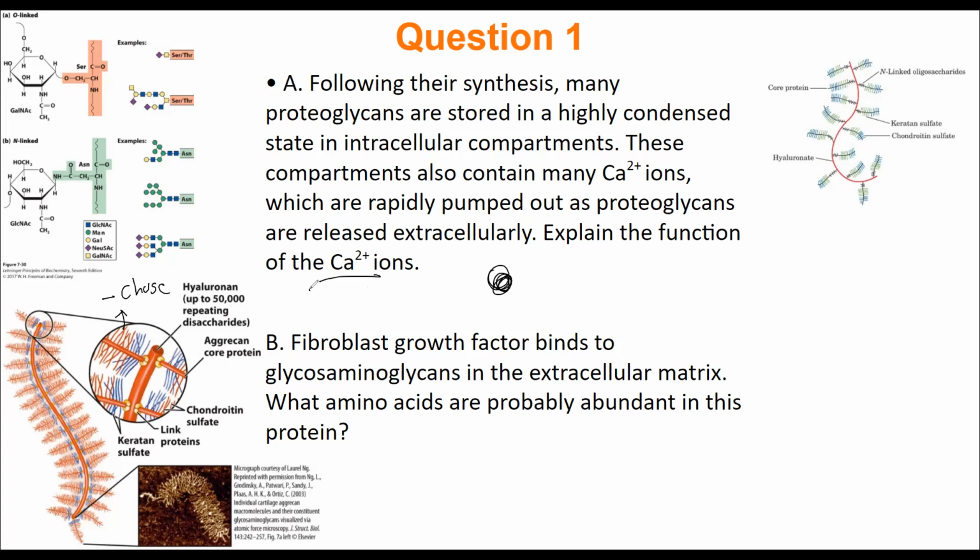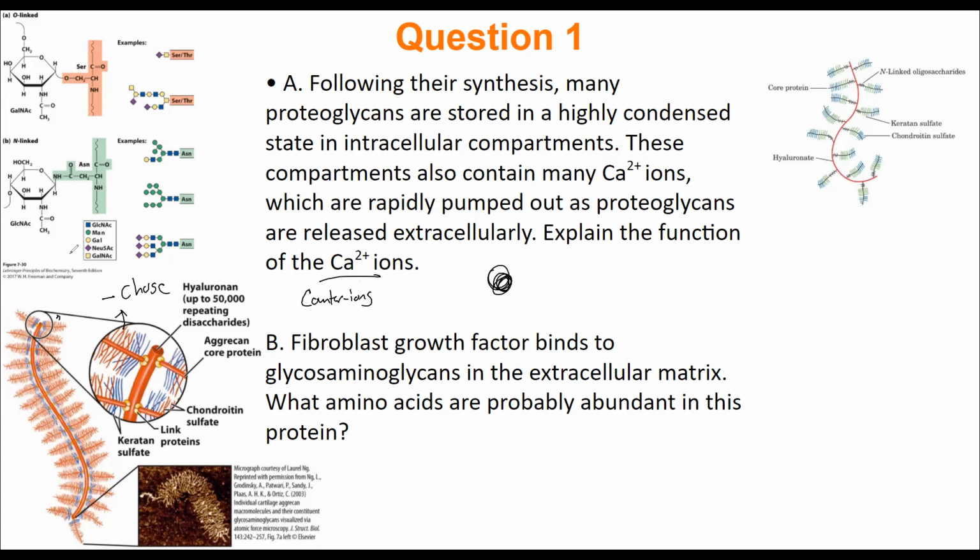So these calciums are acting as counter ions, right? They're going to be interacting with the negative sugars and helping them to be next to each other and not feel each other. So it's acting as a charge to help condense these.